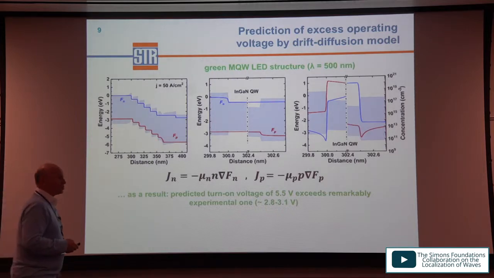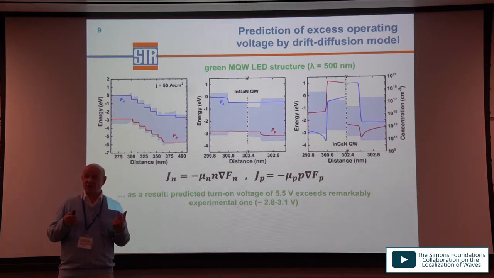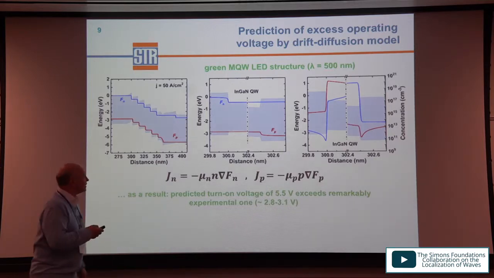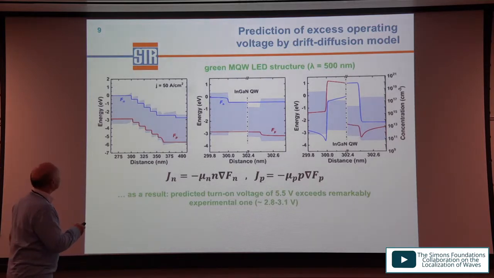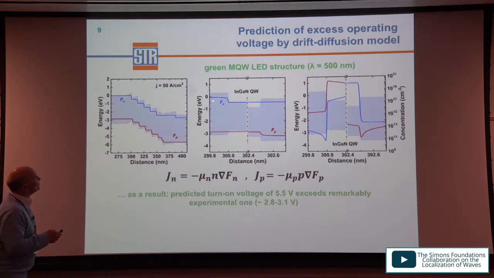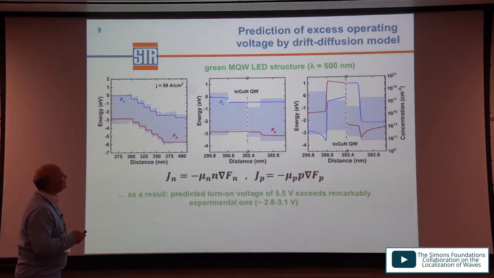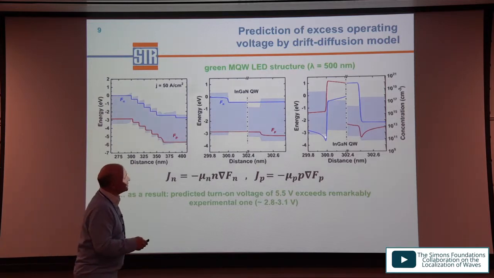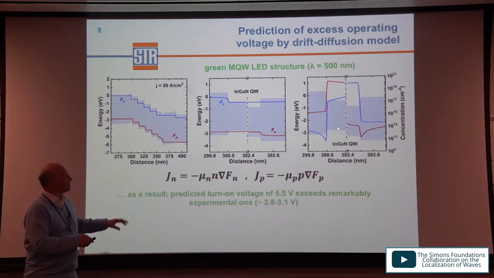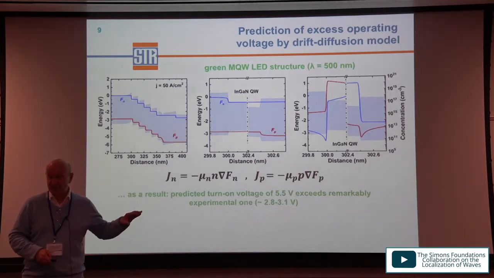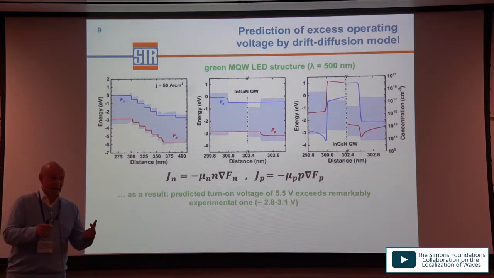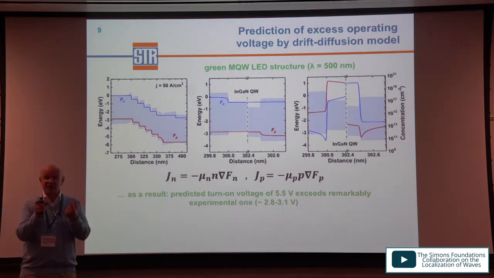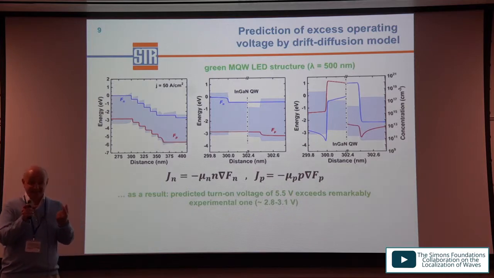If we go to the origin of this overestimation, we can see that this drop of the quasi-Fermi level is accompanied by a reduction of the concentration of electrons at this side of the quantum well and holes at the opposite side of the quantum well. Actually, we see a formation of very insulating layers near the quantum well interfaces.